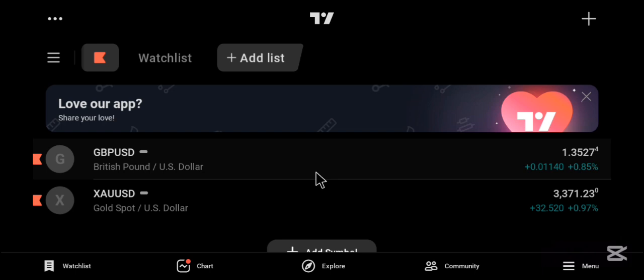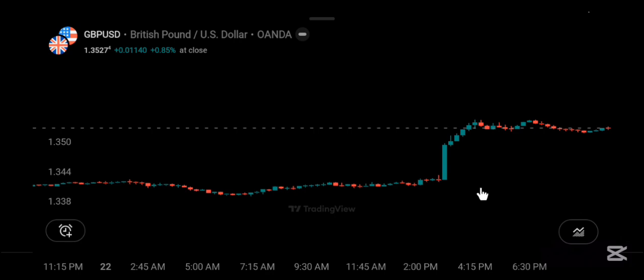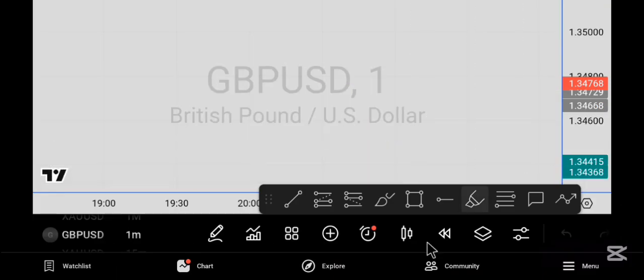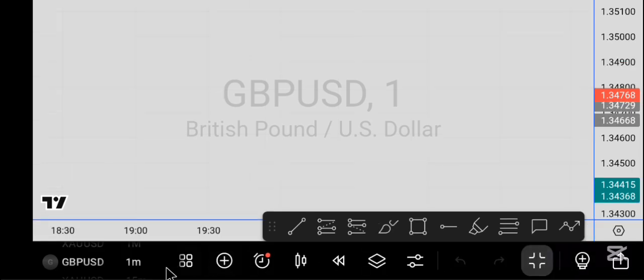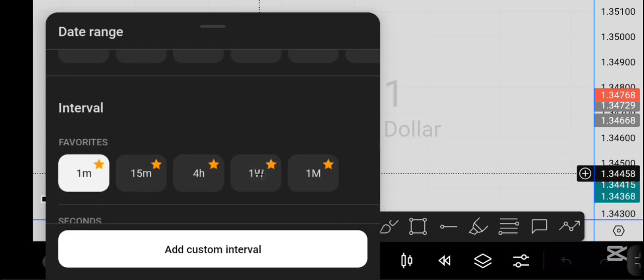We are going to check GBPUSD first. On our GBPUSD charts, we start from the weekly.